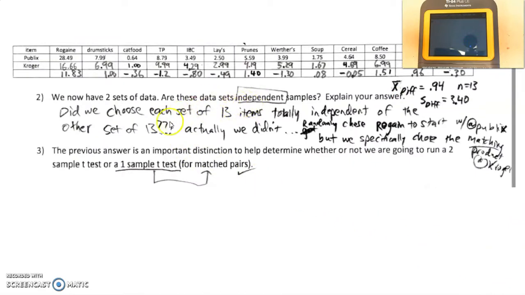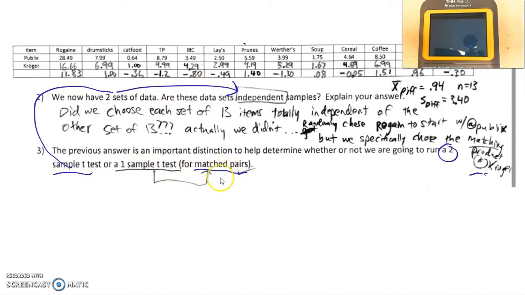I kind of talked about this. Did we choose each set of 13 items totally independent of the other set of 13? Actually, we didn't. We randomly chose Rogaine to start with at Publix, but we specifically chose the matching product at Kroger. So a 2-sample t-test requires 2 independent sets of data, but a matched pairs is no longer that.